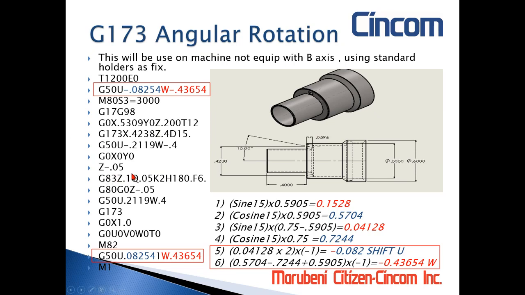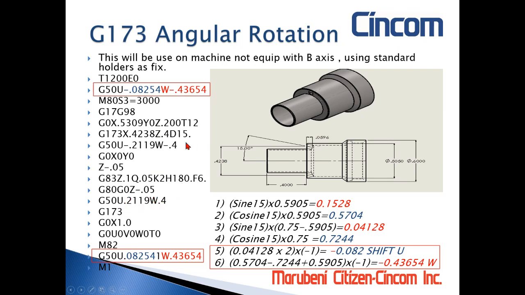Then we can command 0.050. We will be above our fixture, 0.050, and then we can easily do G83, whatever we want to do with that, and it will take care of it for us. And then obviously retract, and just don't forget to start canceling the shift.